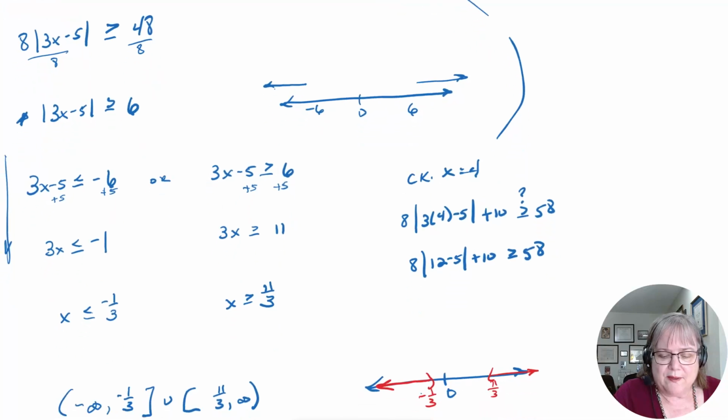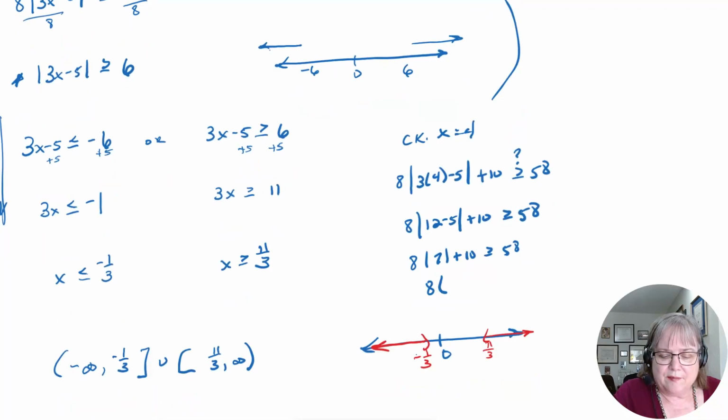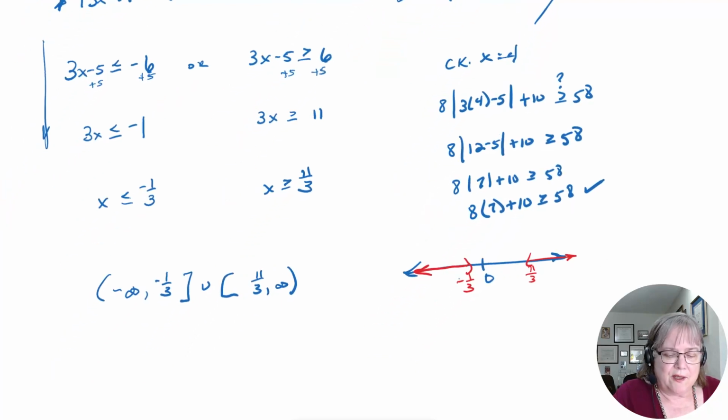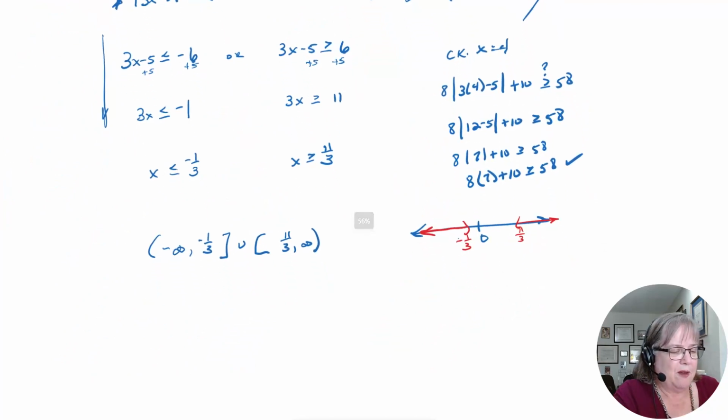Okay, 12 minus 5 is what? 7. Absolute value of 7 is 7. And isn't 8 times 7 plus 10 bigger than 58? Yep. Okay, so that checks. And you could check another negative number, but I just wanted to show you that really quickly.